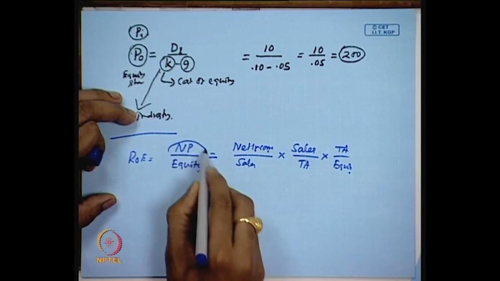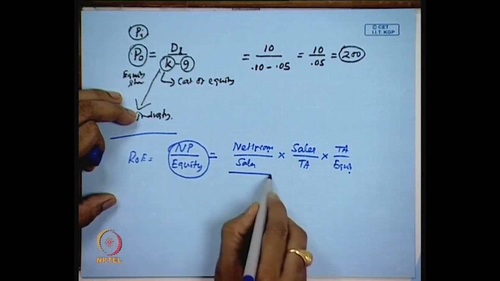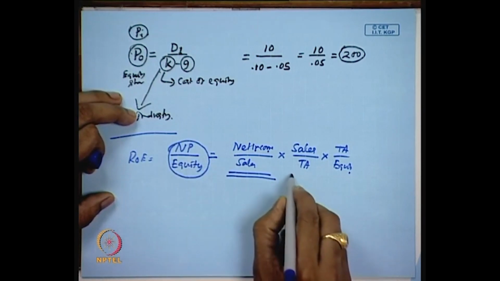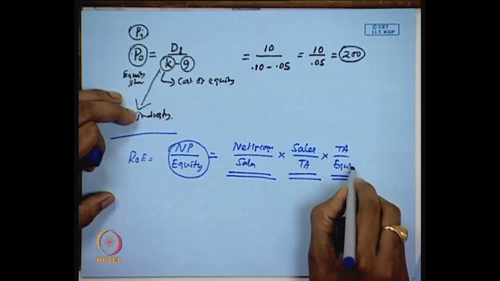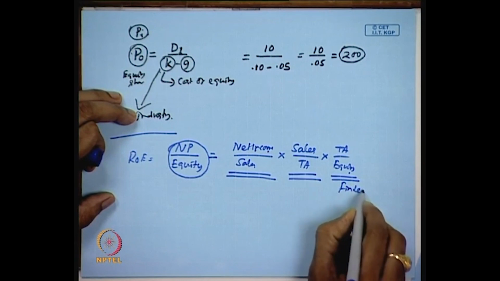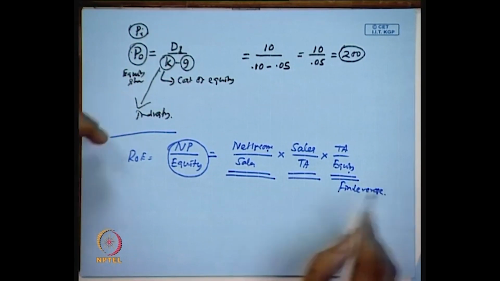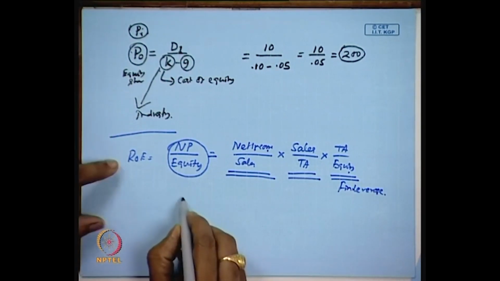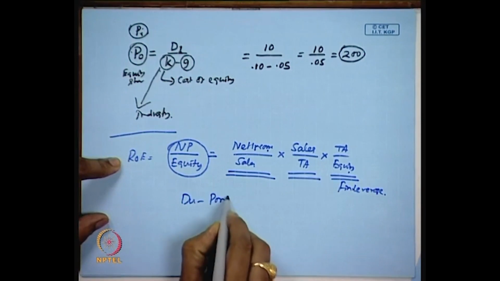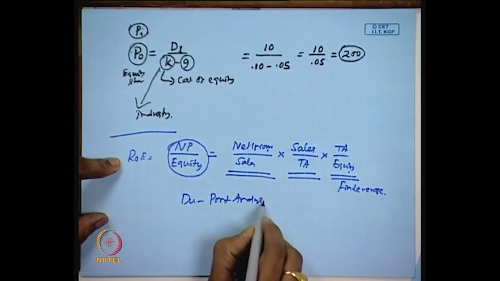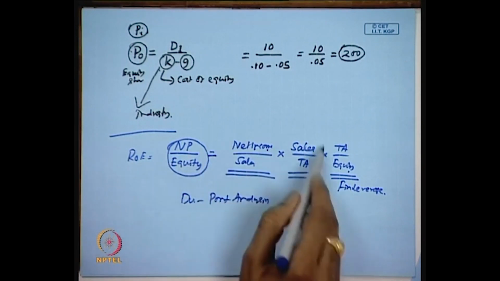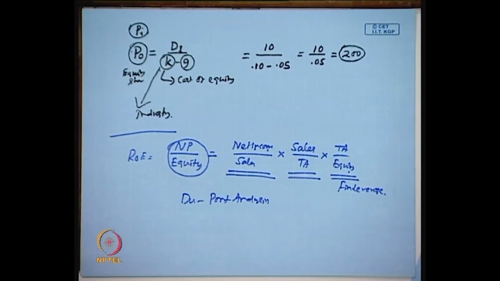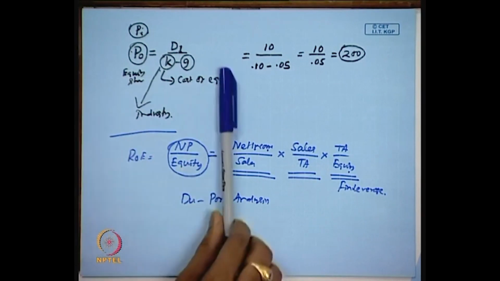That means return on equity is a function of the profit margin, the asset utilization called the turnover ratio, and the total assets by total equity, which is known as financial leverage. So, these three things together are part of what is called DuPont analysis, and these three things together are going to affect the return on equity. So, one has to look at how these three different things are as far as the industry is concerned, then one can forecast the return on equity for the industry as a whole.